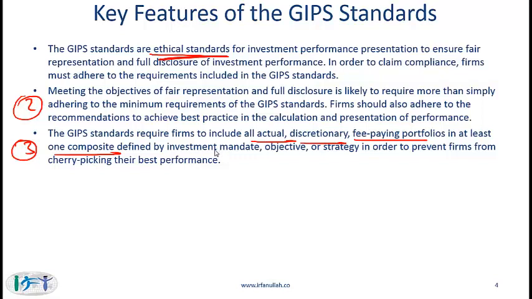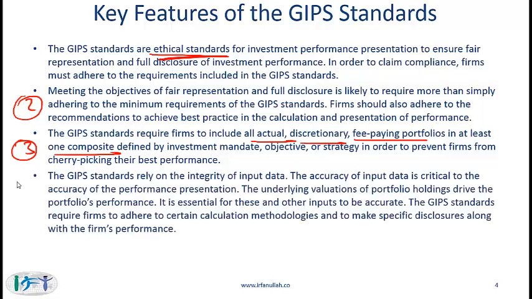This is because performance numbers are reported on a composite basis. If a particular portfolio is not included in any composite, then the returns associated with that particular portfolio will not be presented.